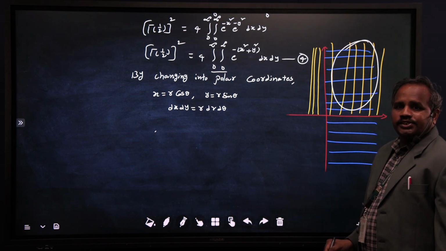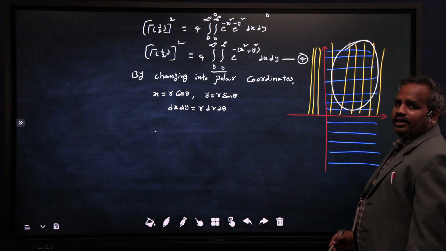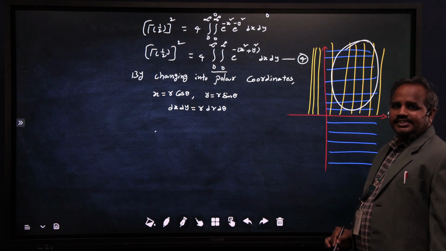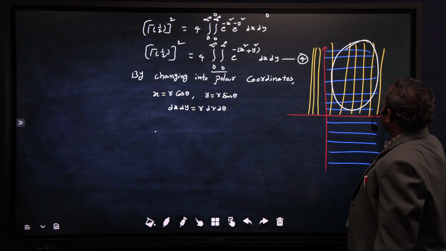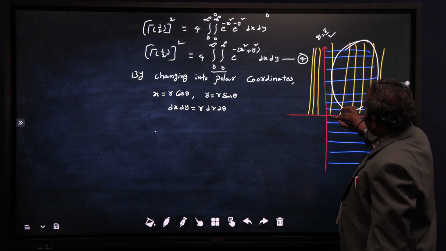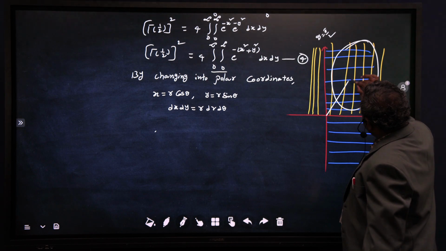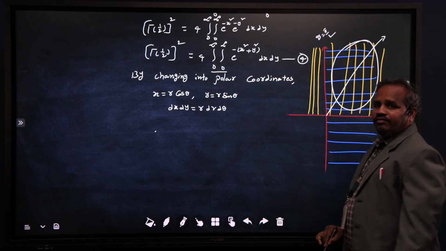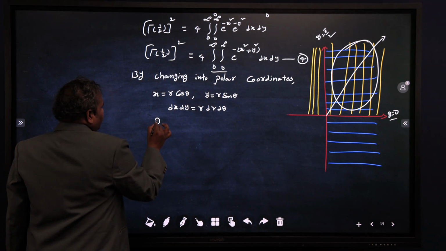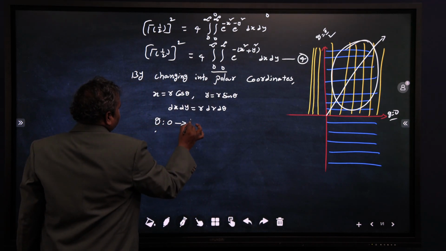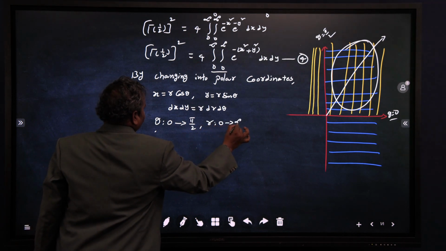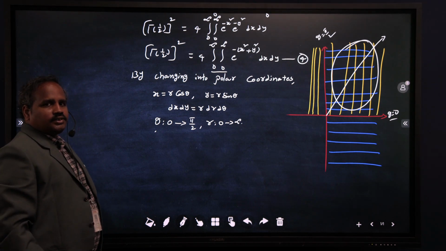In this region we need to calculate the limits of theta and r. Theta is always 0 on the x-axis, and here it is pi by 2. Coming to r, the radius always starts at 0 and goes up to infinity. So in this region, theta varies from 0 to pi by 2, radius varies from 0 to infinity.